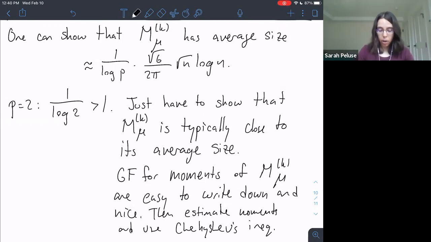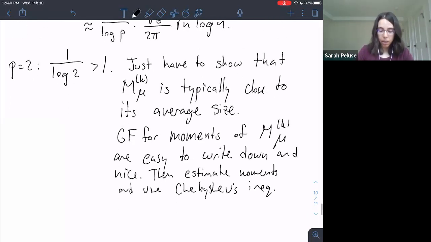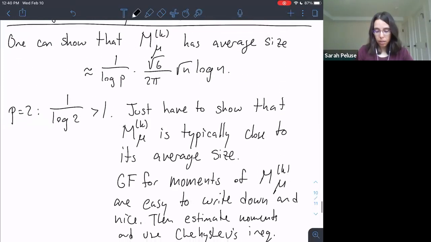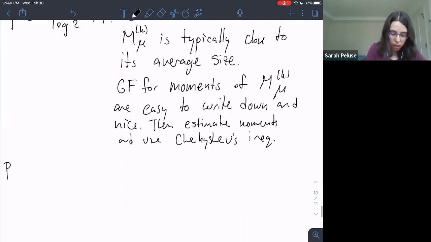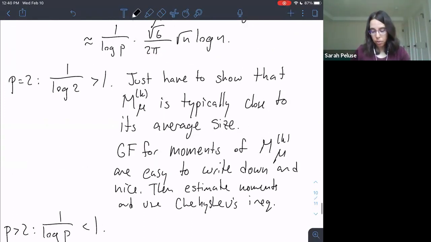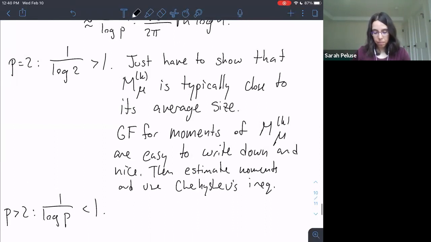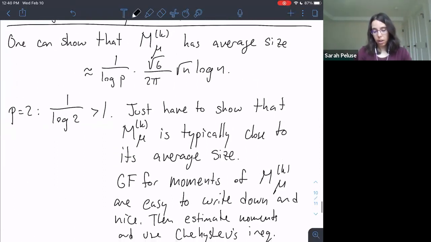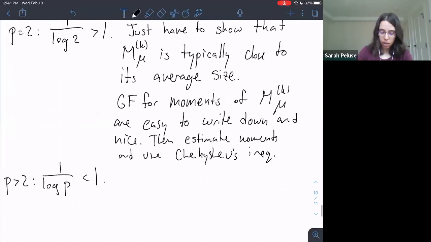When p is greater than 2, 1 over log p is less than 1. This capital M sub k of mu actually turns out to be typically small for each fixed k.